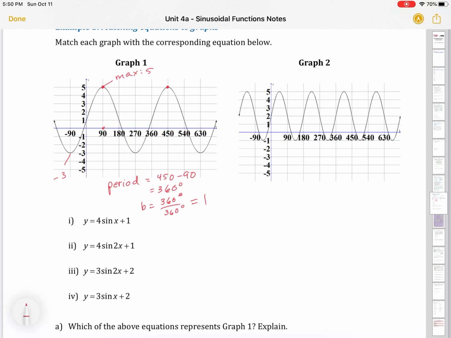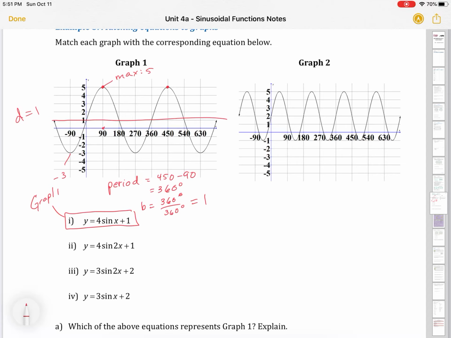So it's going to be either 1 or 4 because B equals 1. I can also find that D is my midline, and if I'm looking at this, my midline goes along 1. So D equals 1. So that tells me that this is for graph 1.